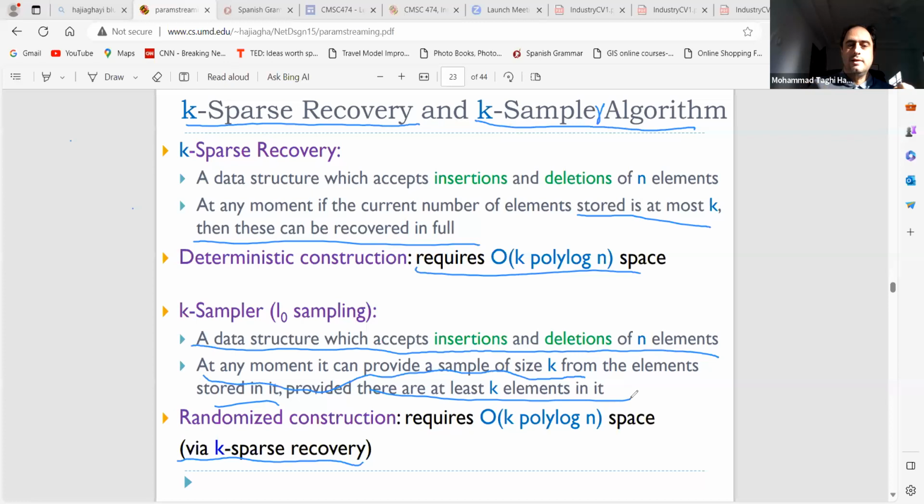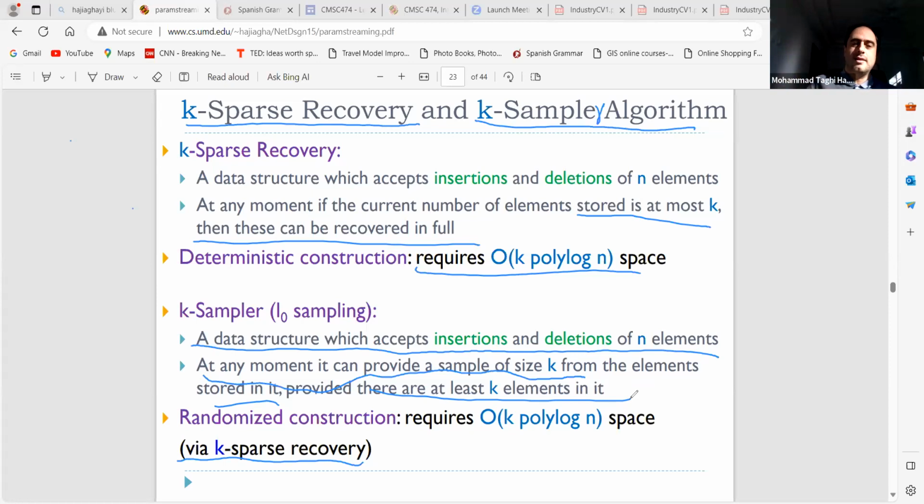Here, if the number of elements is greater than k, which might be n or much larger than k, I should be able to provide an essentially uniform sample of k elements from the elements that I have in the k-sampler.